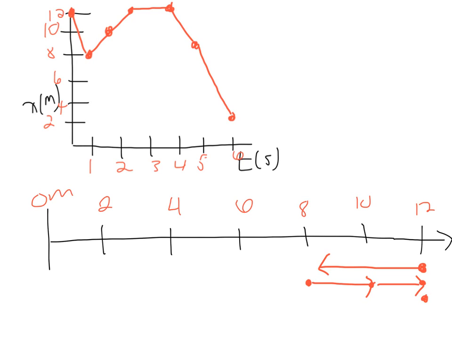I want to show that there is that pause there. At 5 seconds, I am at 8 meters. And at 6 seconds, I'm at 2 meters. So my motion map would look like this, agreeing again with the position time graph.